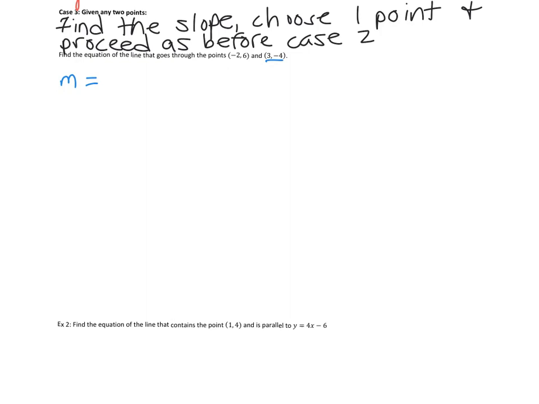We're going to subtract our y's: -4 minus 6, over the difference of the x values, 3 minus negative 2. Parentheses are important, especially when working with negative numbers. So we get -10 on top. 3 minus minus becomes plus, so 3 plus 2. And our slope is -2.